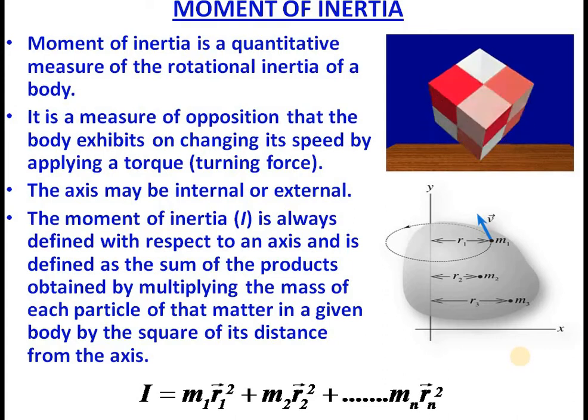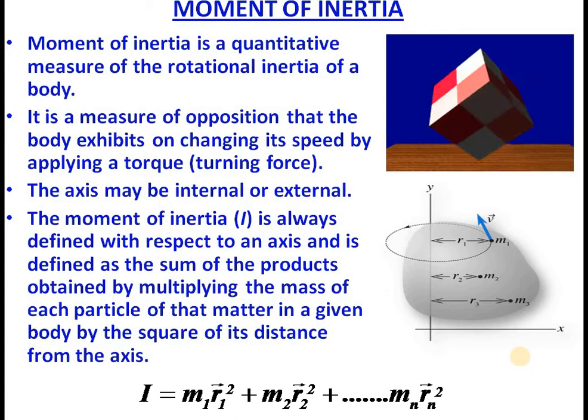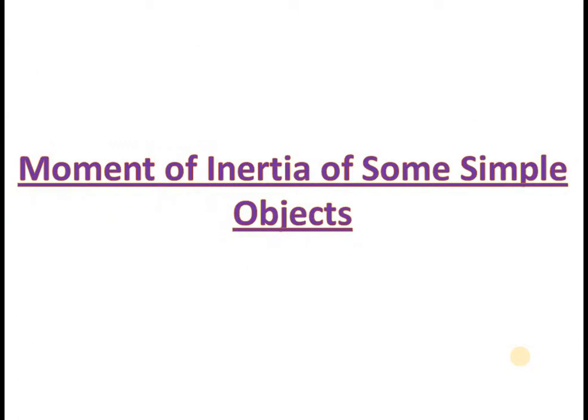So this is the mathematical expression. So we have now the physical significance, and this mathematical expression, and why it is important in rotational motion. Okay, so now let us switch over to the calculation of moment of inertia of different objects.